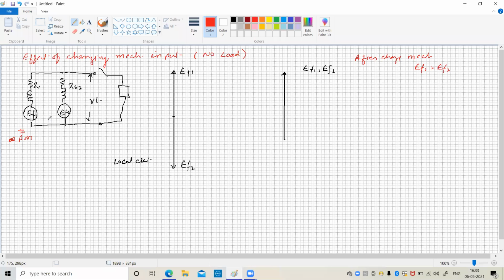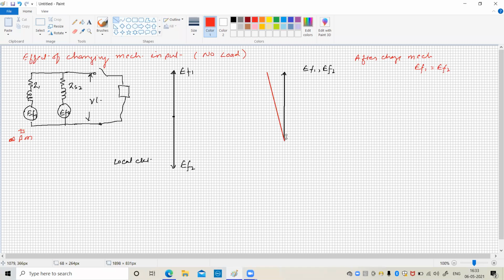But what is the change? The change is that the voltage is going to be ahead. The voltage is going to be ahead by the same magnitude for the machine whose mechanical input has been increased. Say for example, here the mechanical input of the first alternator has been increased, so it gets somewhat ahead.